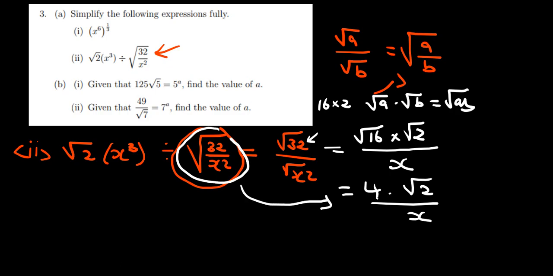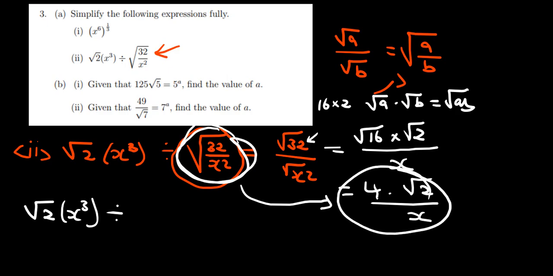Now we are going to say root of 2 x to the power 3 divided by, where we had this guy, we put this answer now. So that is going to be 4 root of 2 divided by x.